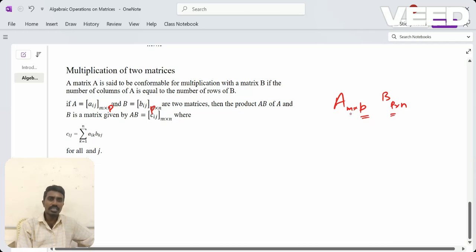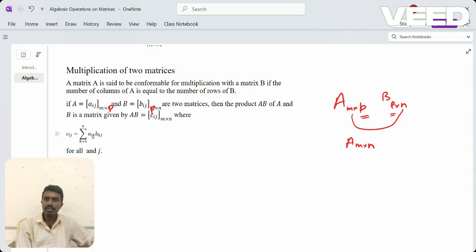Then only the matrix multiplication is possible, whose order is M by N. And the elements are defined like this: C_ij equals summation k equals 1 to n of A_ik B_kj.